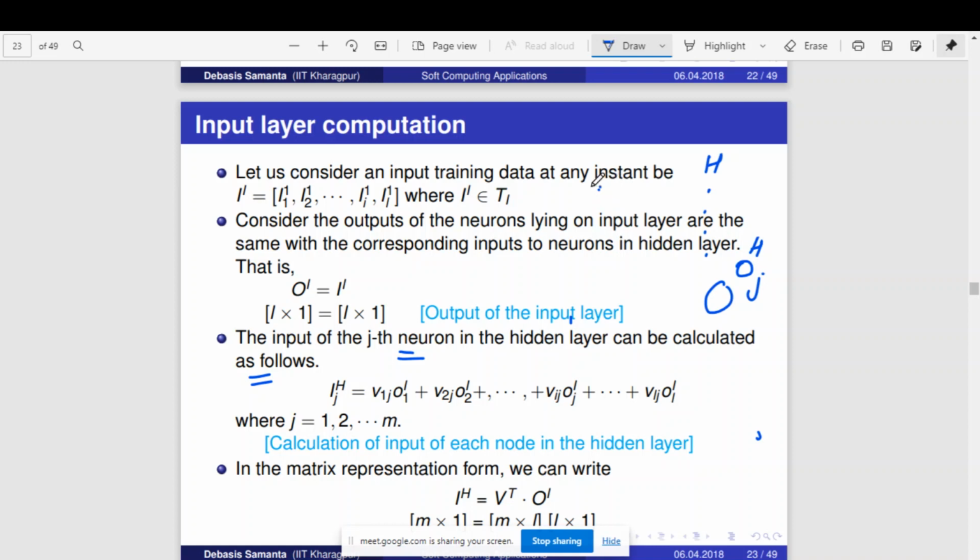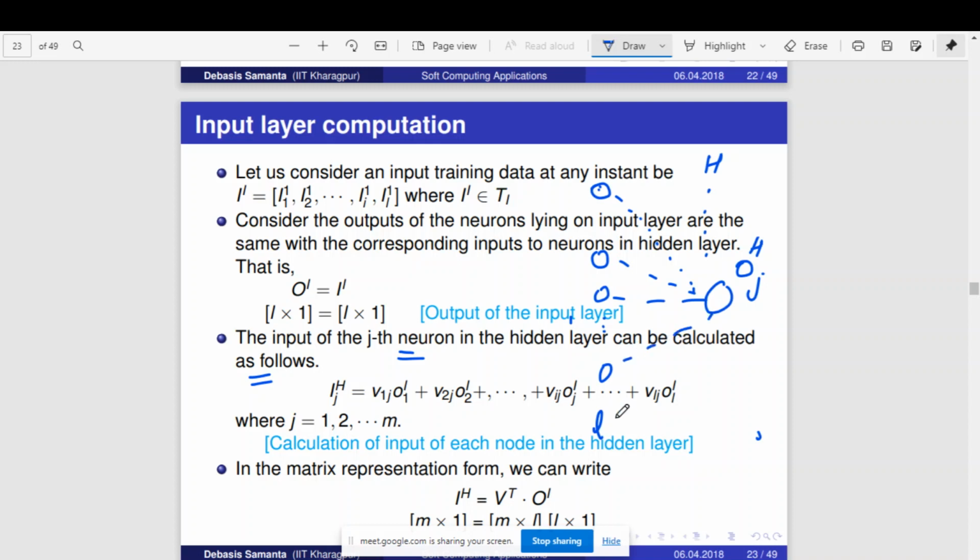The hidden layer will get input from which layer? From the input layer, right? In the input layer, how many neurons do we have? L neurons. So all these L neurons' outputs will be coming to this hidden layer.